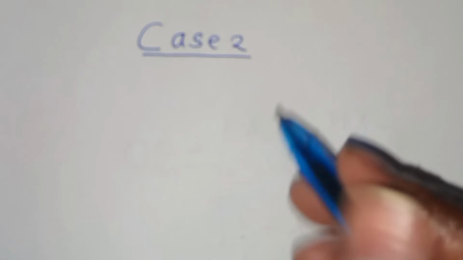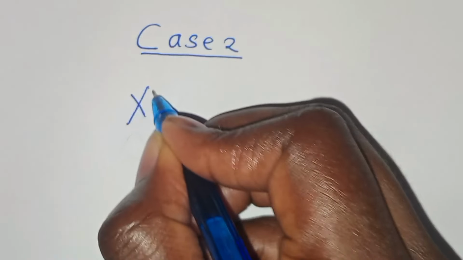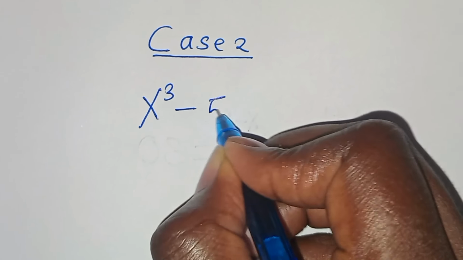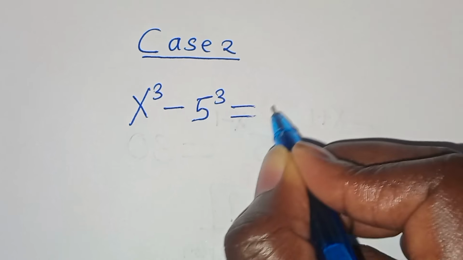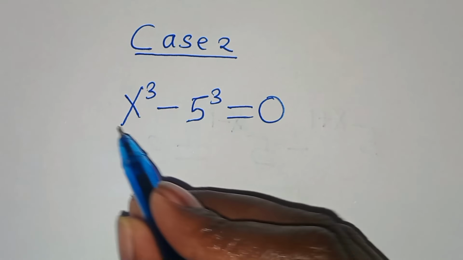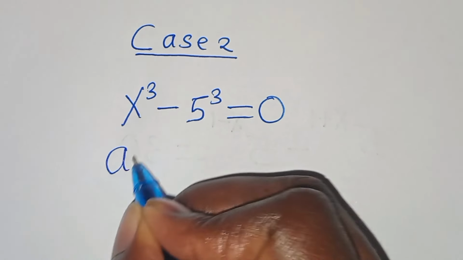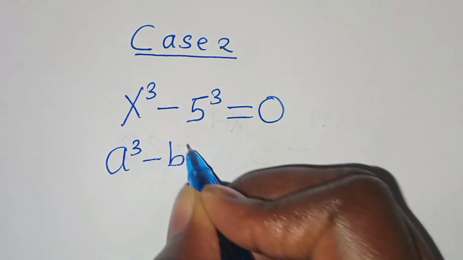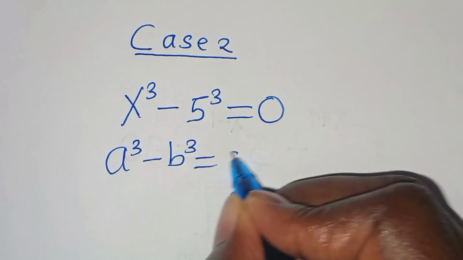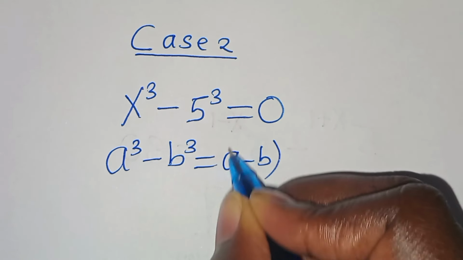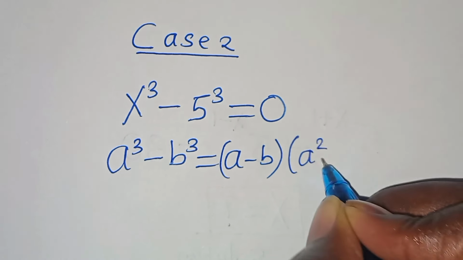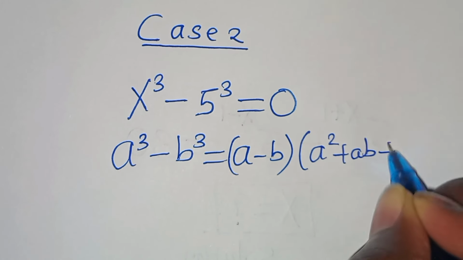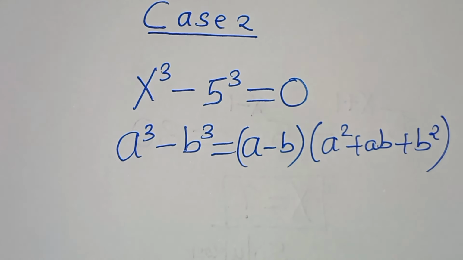Now in case 2, we have x to the power of 3 minus 5 to the power of 3 equal to 0. This equation is of the form a to the power of 3 minus b to the power of 3, which we can express as a minus b, a squared plus a times b, then plus b to the power of 2.